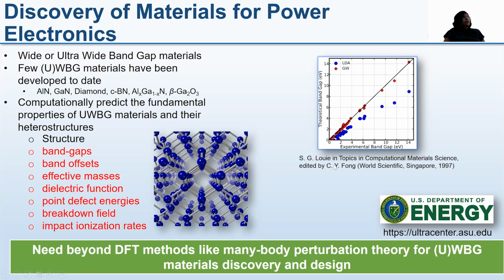And I think in this audience, the majority of us are aware that for large gap materials, traditional DFT under the LDA or the GGA approximation severely underestimates these properties. We need something like many-body perturbation theory to be able to study materials for power electronics and discover and design them.